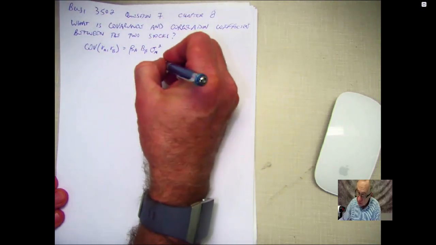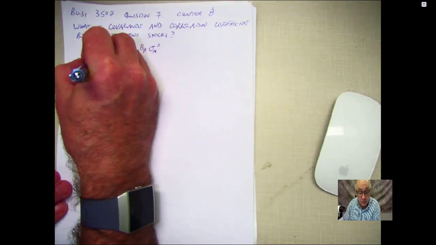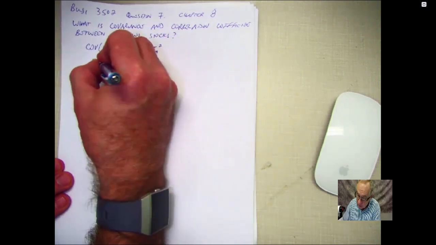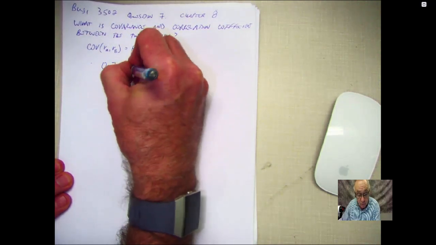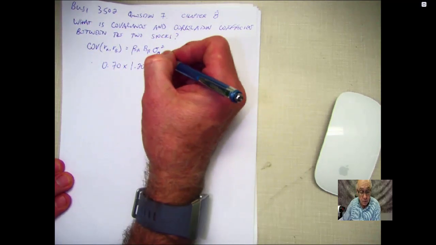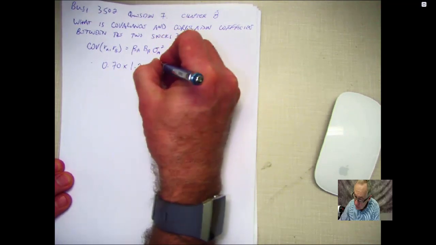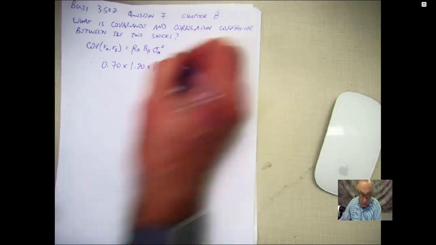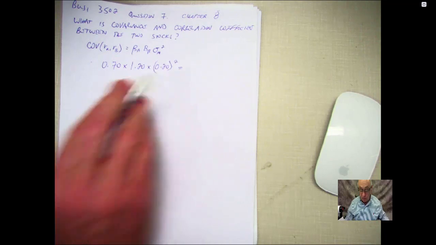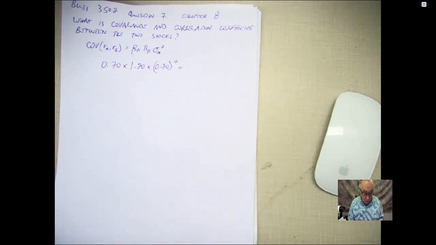That's standard deviation squared. So substituting, this is going to be 0.70 times 1.20 times 0.20 squared, and we know this, we've seen that many times, would be 0.04.